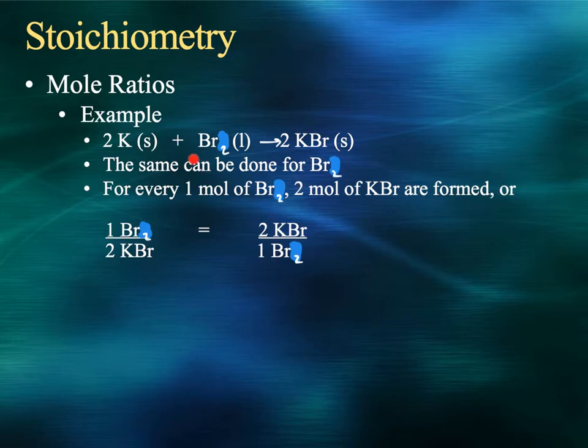For every 1 mole of bromine, you can make 2 moles of KBr. You could write that either way, 1 Br2 over 2 KBr, or 2 KBr over 1 Br2, because again, these are conversion factors. Hopefully that term is coming back to you from Unit 1. You can flip them because they mean the same thing.